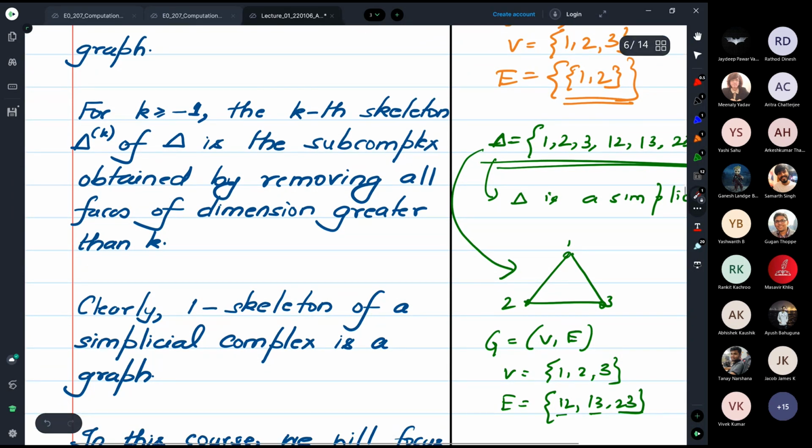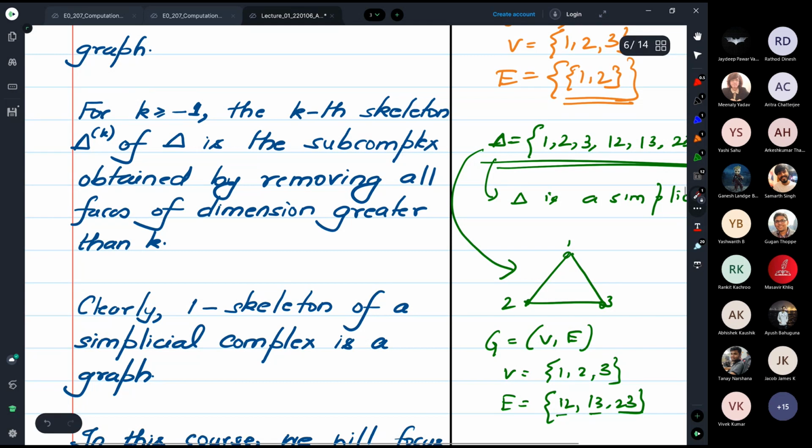So the next important concept that we will talk about is that of a kth skeleton of a simplicial complex. Let's say we have been given a simplicial complex delta, and we want to define its kth skeleton. This skeleton can be defined for any integer k, however it is of interest only when k is bigger than or equal to -1.